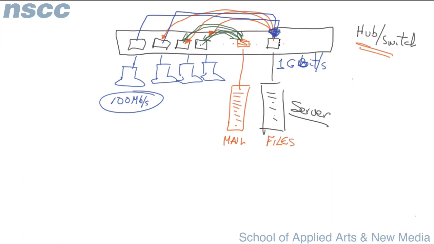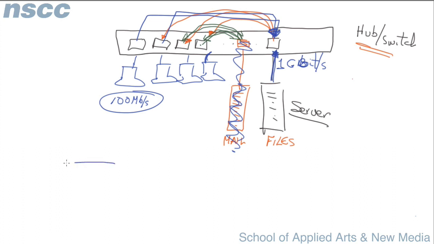And so with one port quite a bit higher, we can support, even if we just have a single server, all these machines may be wanting to get information at 100 megabits per second, and this 1 gigabit per second can satisfy the 100 megabits per second for at least 10 machines, because it can transfer into the switch 10 times more data per second than you can get from a channel, and so it can support 10 machines here.